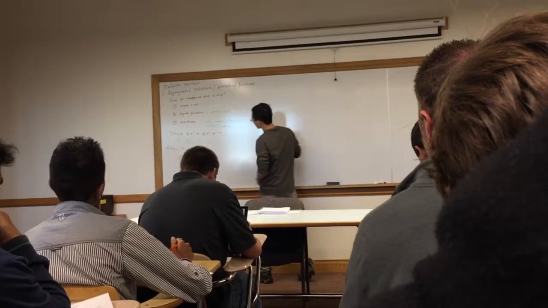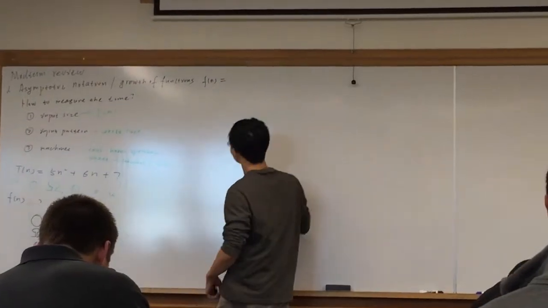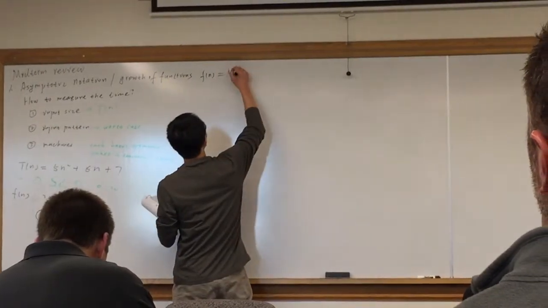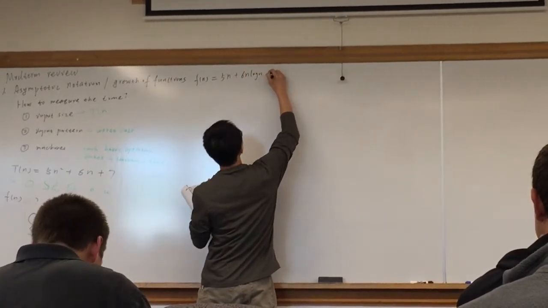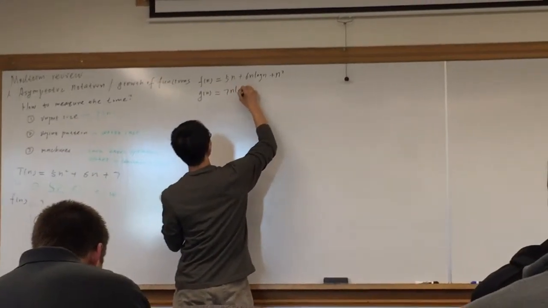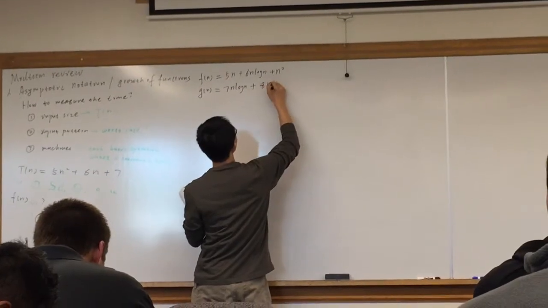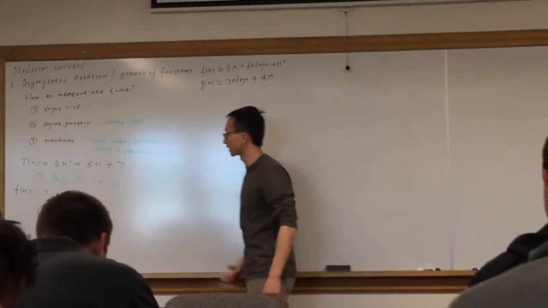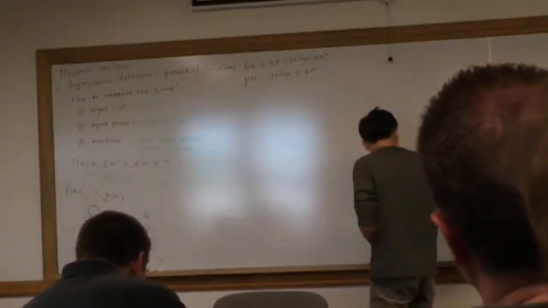So now if we have two functions, let's use an example. If I have two functions and I want to know their relation, which notation I should use, we have two rules.